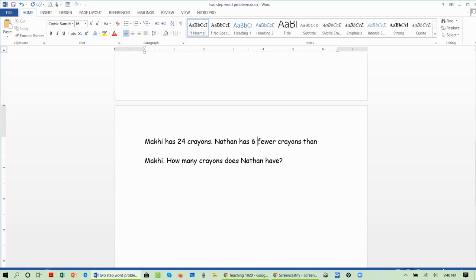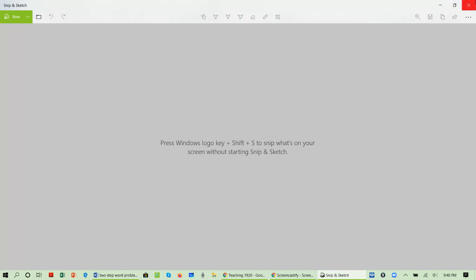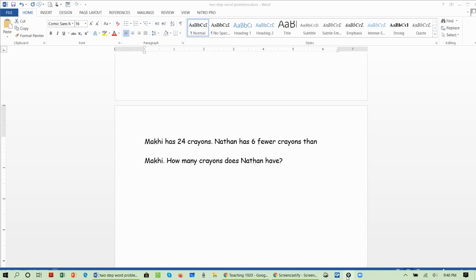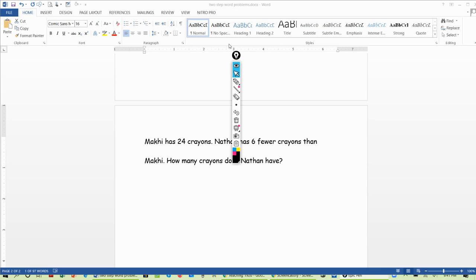So what does the word fewer mean? So we know that if you see the word fewer or if you see the word how many more, those are clues that you have to use to do subtraction. That's your first clue. So let's first go ahead and draw how many crayons Makai has.